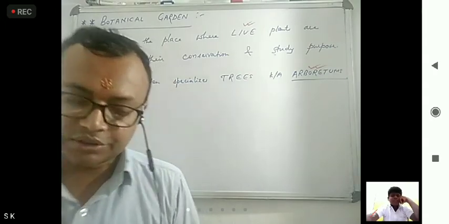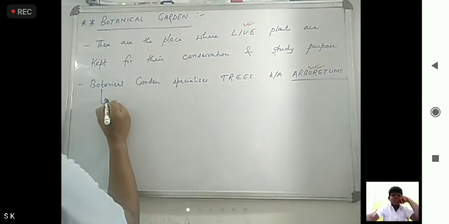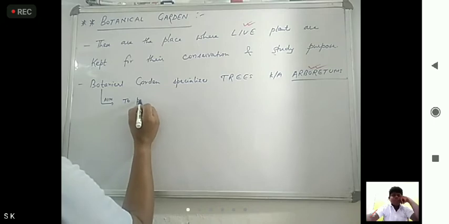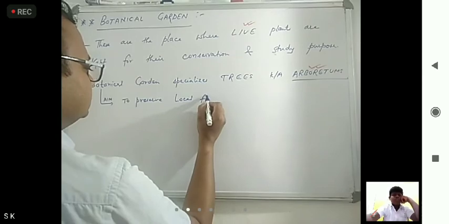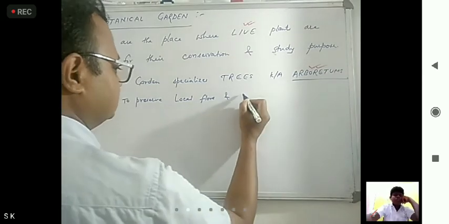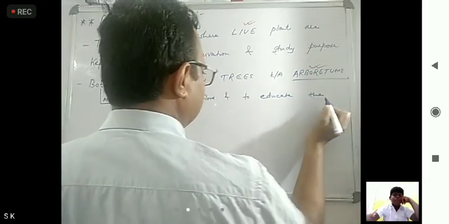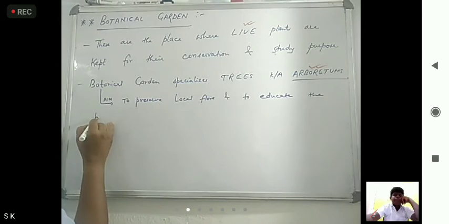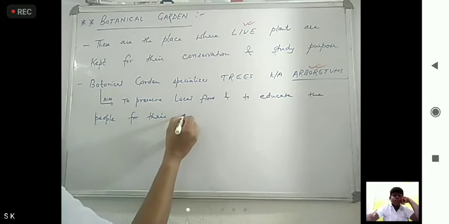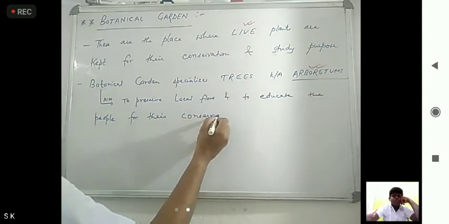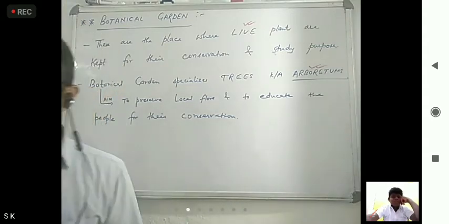The first aim is to preserve local flora and to educate the people for their conservation. So this is important for a botanical garden.